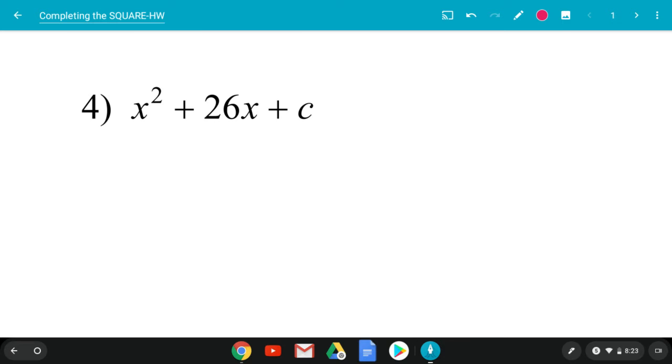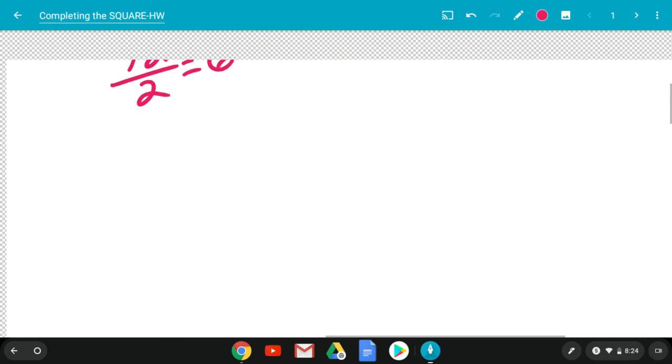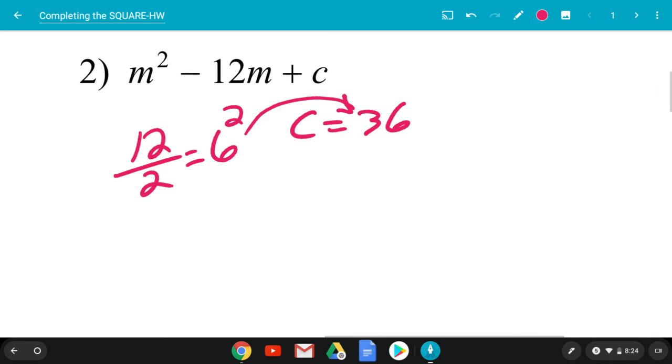What would it need to be, and how did you come up with it? Don't everybody talk at once. Let me go over the last one again because maybe you were sleeping. I took the middle number, or we took the middle number and divided it by 2. And then we squared it. Okay.